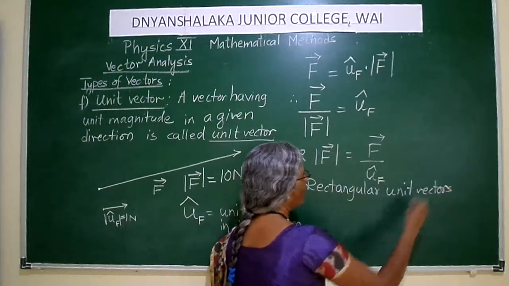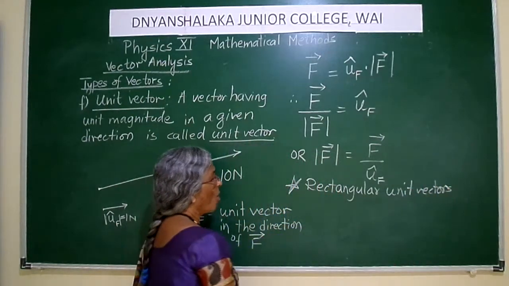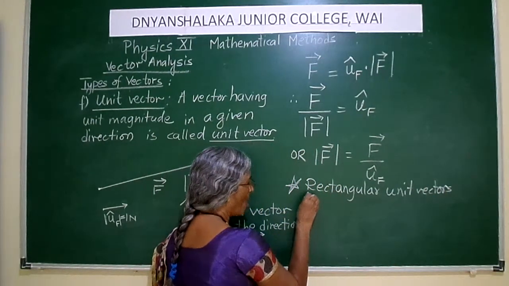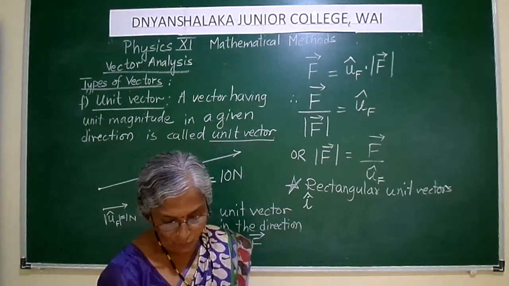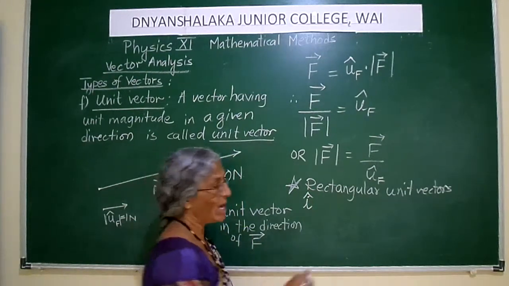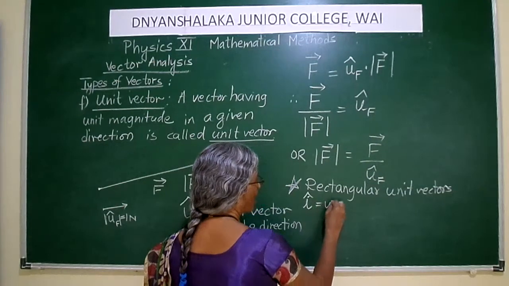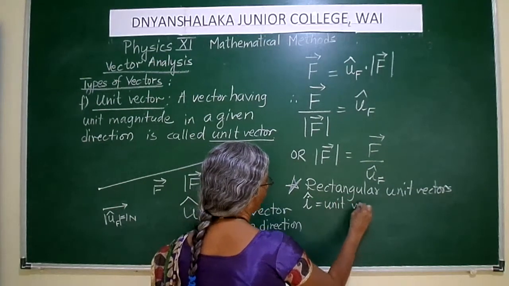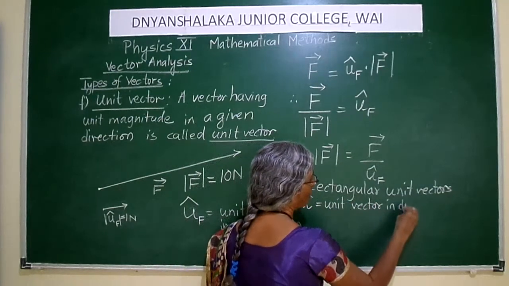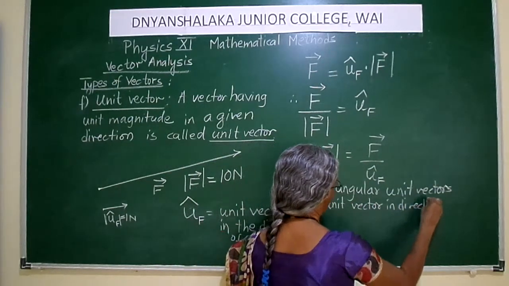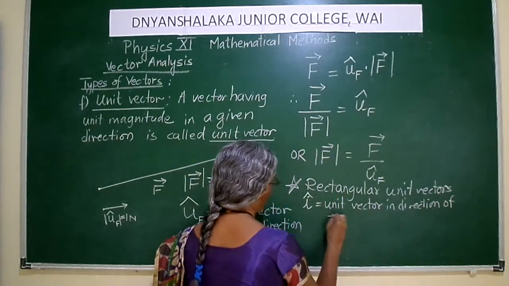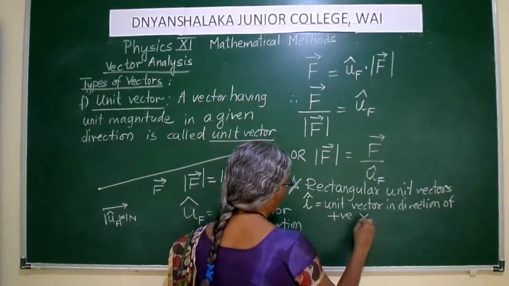In rectangular unit vectors, we always take n cap vector i, small i, as the unit vector in the direction of the positive x-axis.